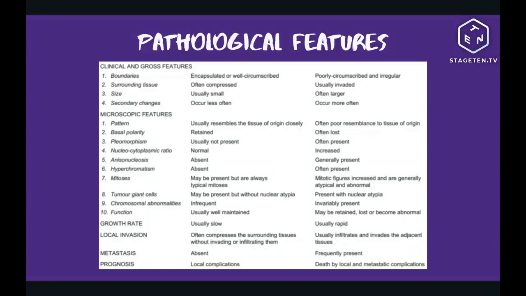When we speak about the microscopic features, we need to understand that a malignant tumor usually shows changes in the molecular profile, changes in the nucleocytoplasmic ratio, changes in the nuclei themselves, and the most important ones are the changes in the mitotic figures. In a benign tumor, mitoses may be present but are always typical, while in malignant ones, mitotic figures are increased and generally atypical and abnormal.